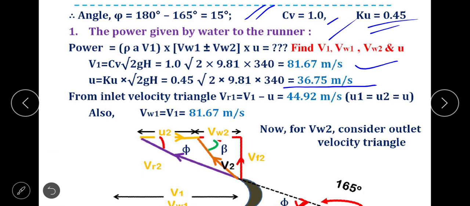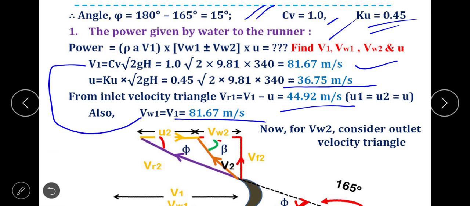From the inlet velocity triangle, VR1 is equal to V1 minus U. That works out to be 44.92 meters per second. This is because U1 is equal to U2 is equal to U. VW1 is equal to V1, that is equal to 81.67 meters per second. Just now here it is calculated.